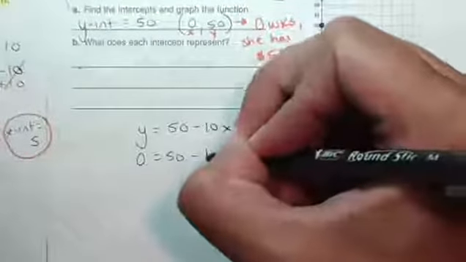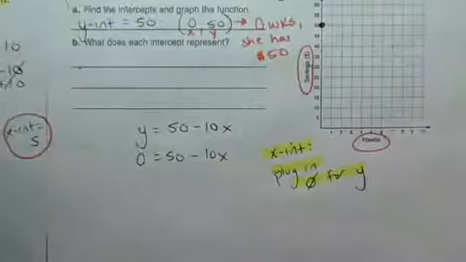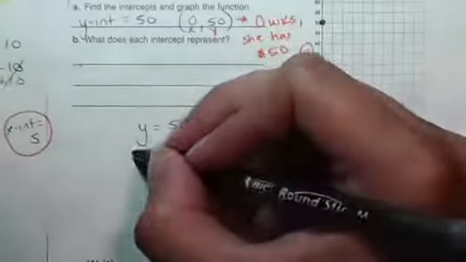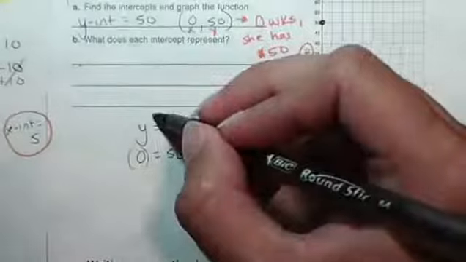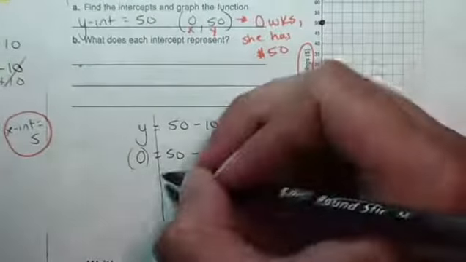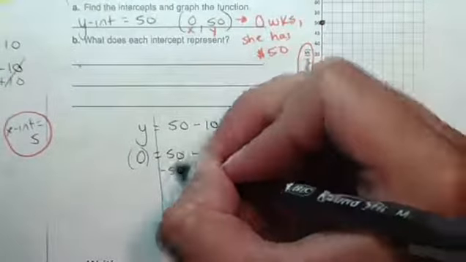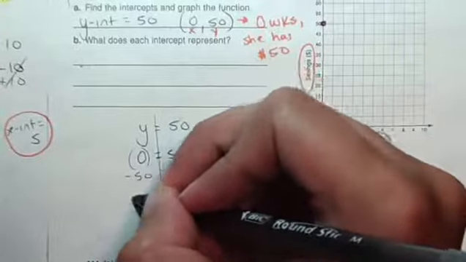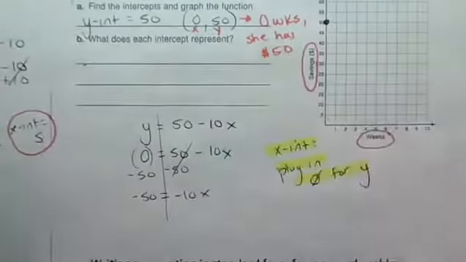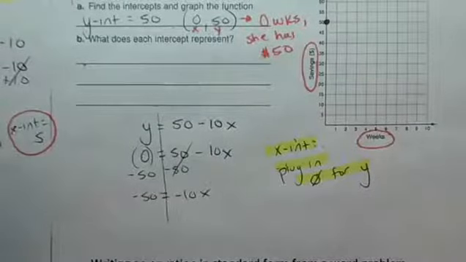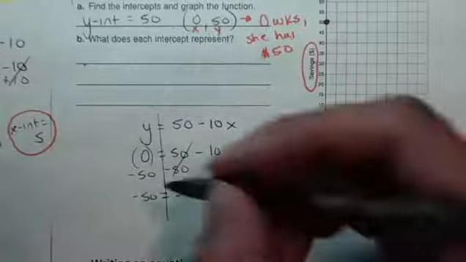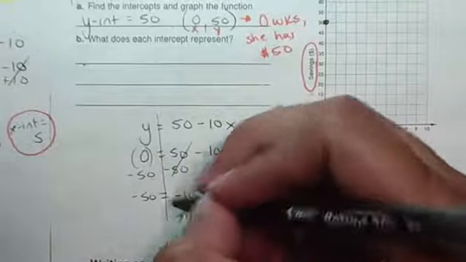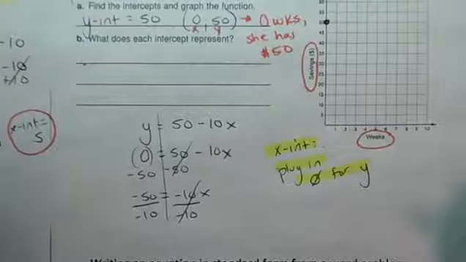I have 0 equals 50 minus 10x, and I'm going to solve for the x. So I'm going to subtract 50 on both sides, which leaves me with negative 50 is equal to negative 10x. From there, I'm going to divide by negative 10 on both sides.